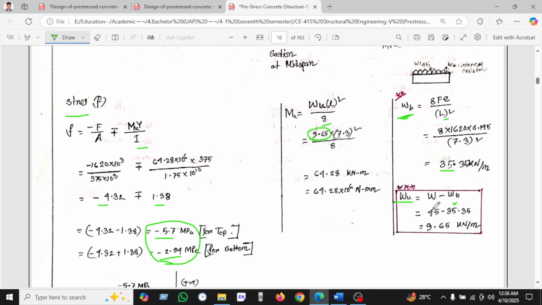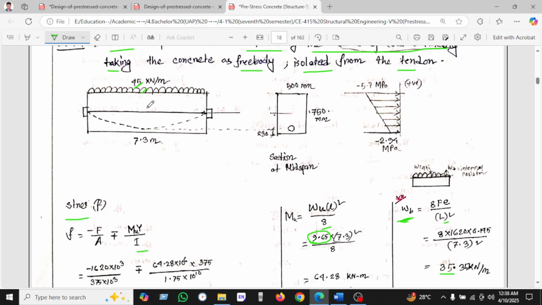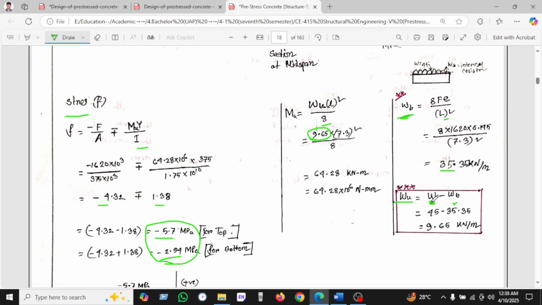So w balancing plus w ultimate will be the total w, which is the applied force here. Now if we deduct the w balancing from the total w, then we find the ultimate UTL, which is 9.65. So this is very important, how we calculate the w.